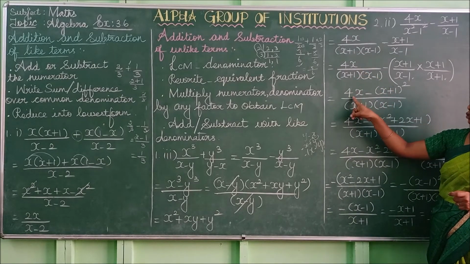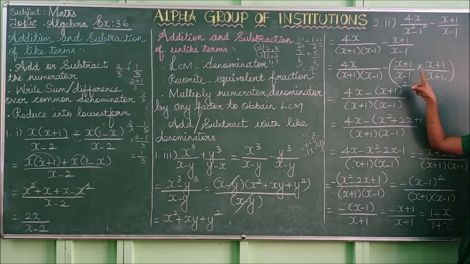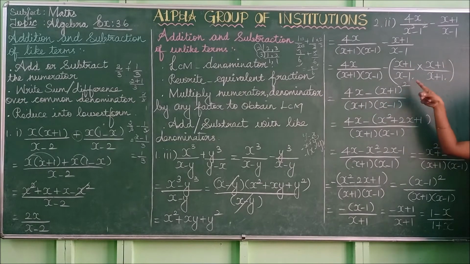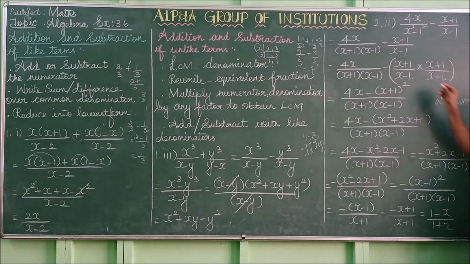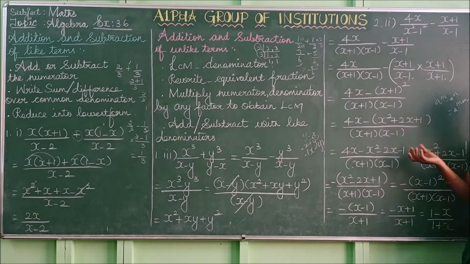Now write the numerator: 4x. The operation is minus. Then x plus 1 into x plus 1 can be rewritten as x plus 1 whole square, using a power m into a power n equals a power m plus n, since both have the common base and the powers are added. Or simply write x plus 1 whole square, then expand it as a plus b whole square, a square plus 2ab plus b square.